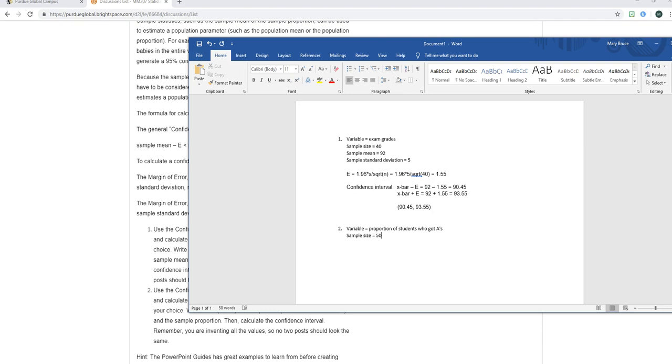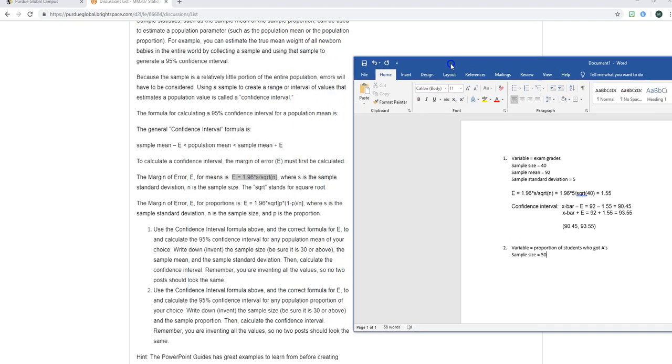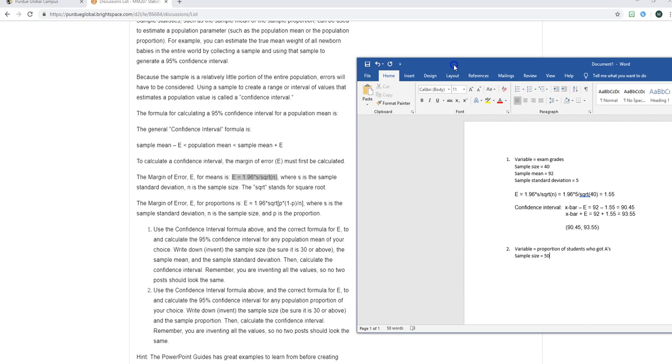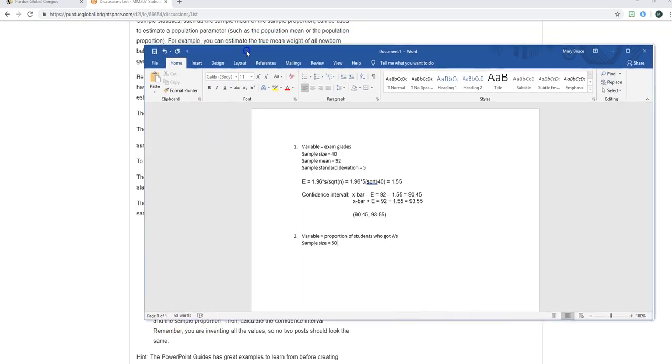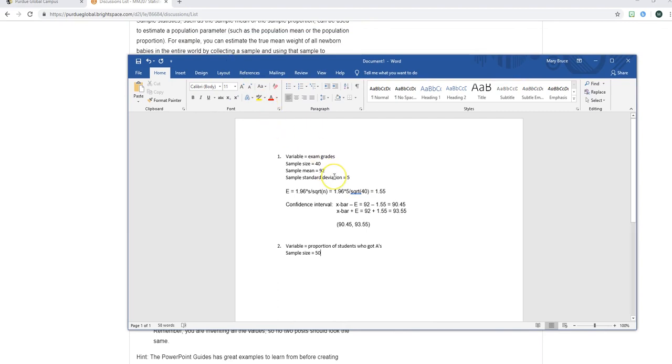And that's all we need for, or actually, no, I need one more thing. Let me go over here and show you. Okay, so we needed to write down the sample size. We picked 50, or I picked 50, and the sample proportion. In other words, if you really did take a sample of 50 students, from that sample, what proportion or percentage had A's? But with proportions, we keep them in decimal form.